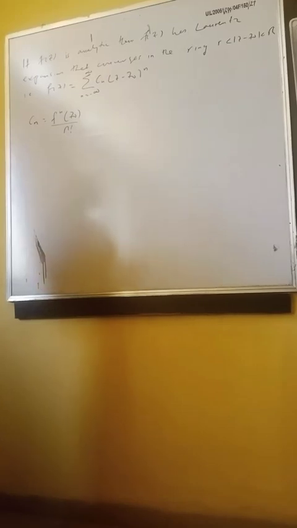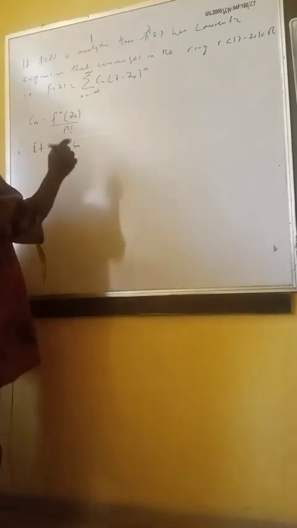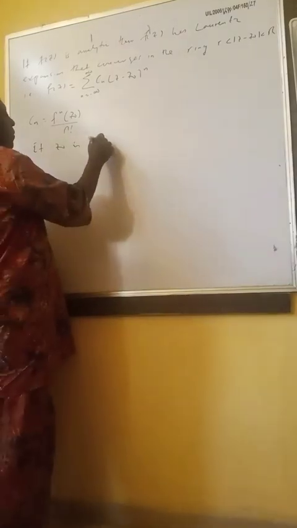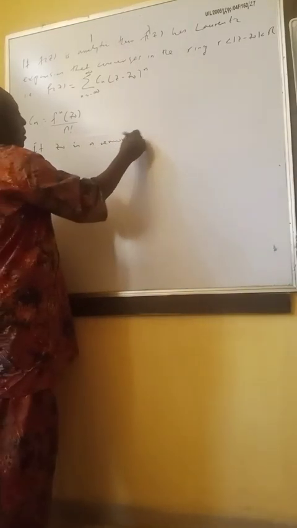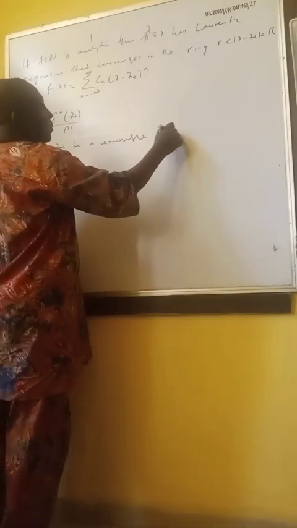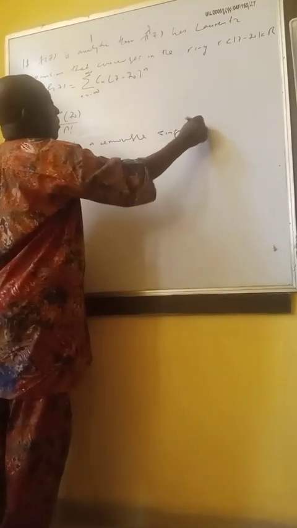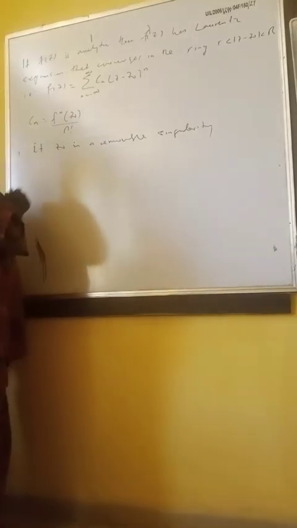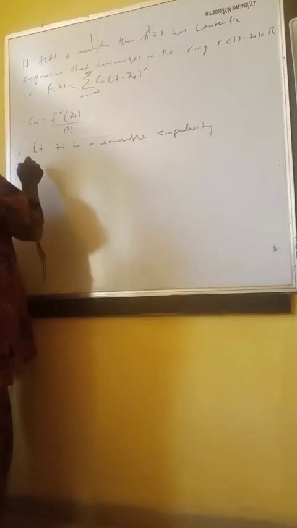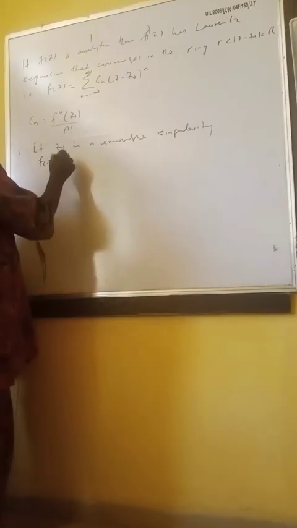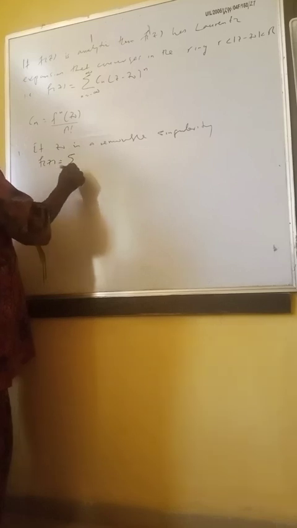Now, if z naught is a removable singularity, just like we have learned last week, then f of z is simply equal to the Taylor series.